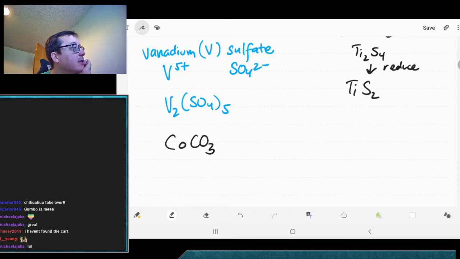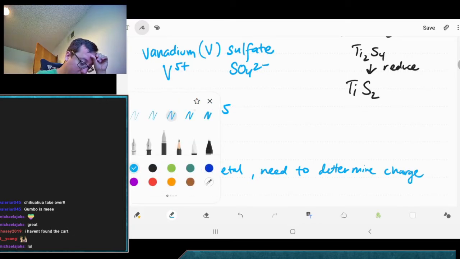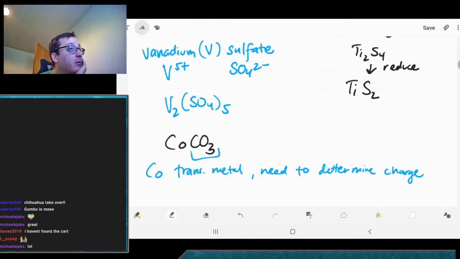CoCO3. Well, cobalt is a transition metal. So we need to determine its charge by looking at the anion. We see, oh gosh, what the heck is this thing? CO3. Well, it must be a polyatomic ion, right? We have multiple atoms there. What's CO3? Well, that's carbonate, which is a 2-.